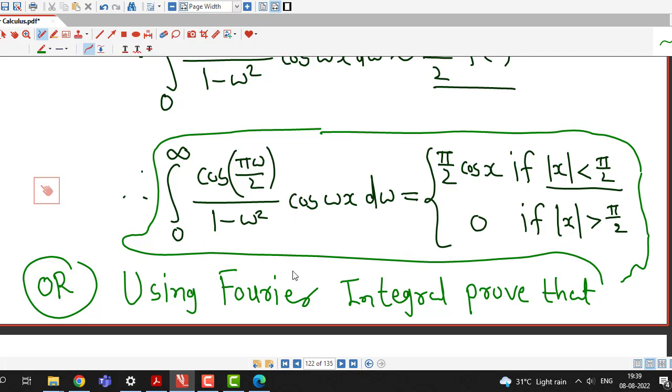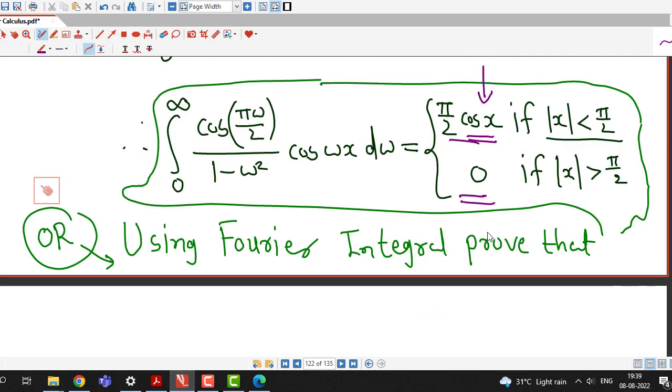Whenever they ask your question in this way, you have to consider the Fourier integral of the function on the right hand side. You can start by taking f(x) equal to cos x if |x| is less than π/2, and 0 if |x| is greater than π/2.